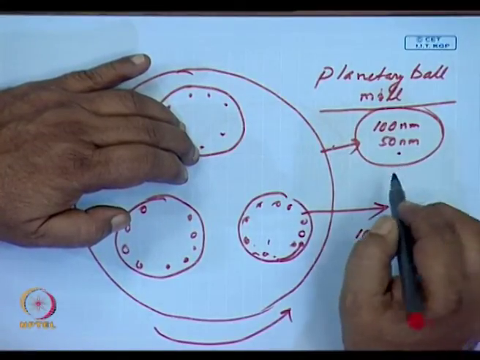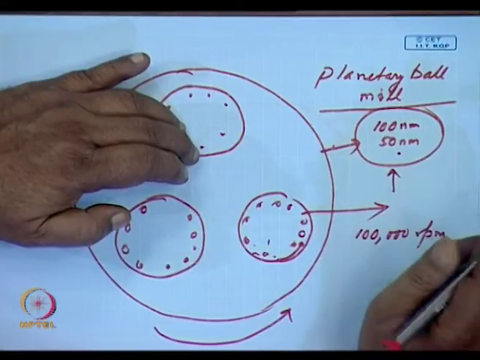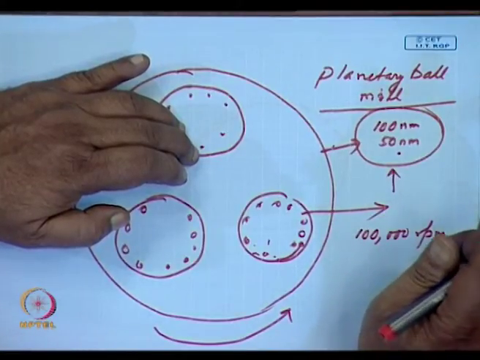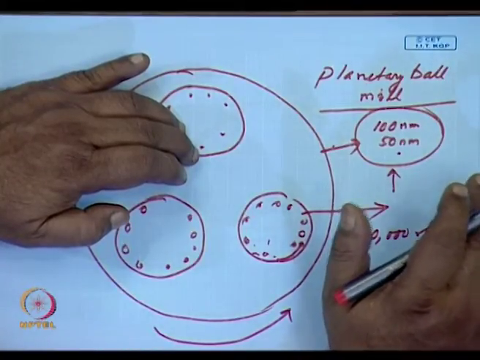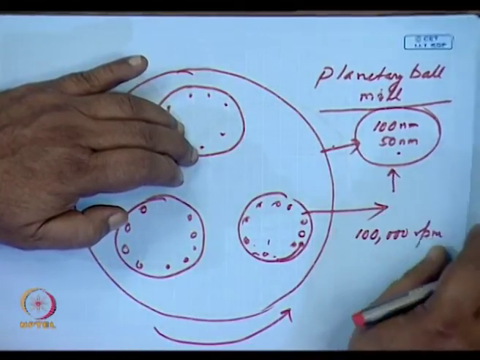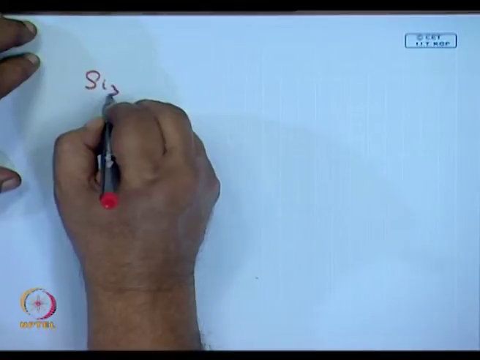Yes, people have synthesized powders this way, in the nanometer range, but then what they have to do is, let us say they want silicon nitride powder.